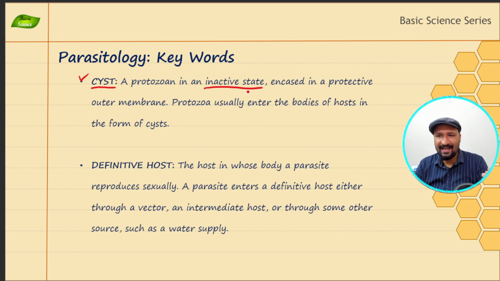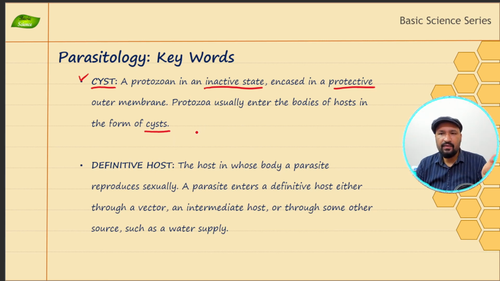So one form needs to be inactive or more resistant in nature, with a protective covering. The protozoa usually enter the bodies of hosts in the form of cyst, because it will be in the environment, and then when they enter the host, they will have that particular form, so it becomes the infectious form.